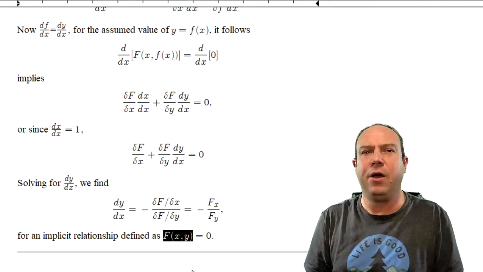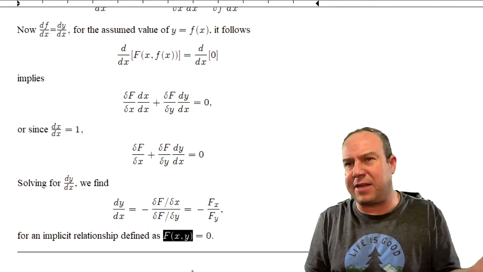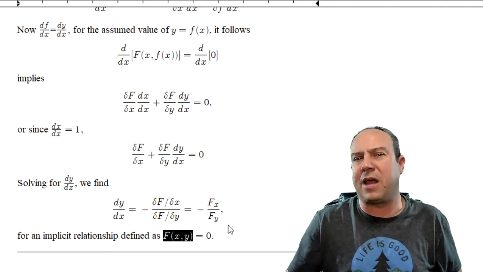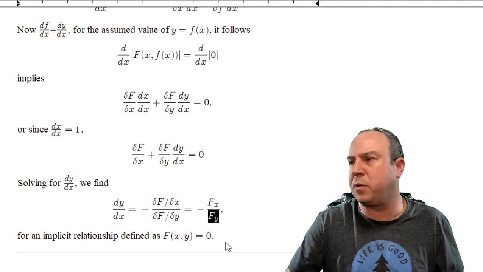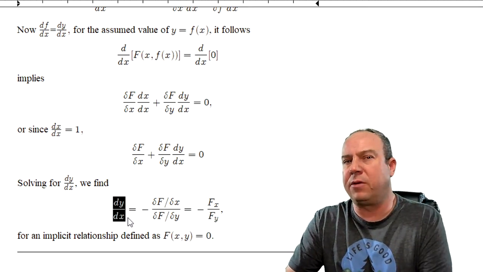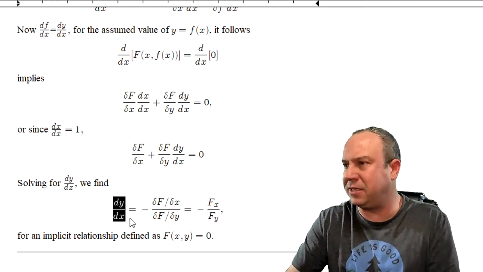Where I can find the partials of big F with respect to x, and I can find the partials of big F with respect to y. And when I take the opposite of big F's partial with respect to x over big F's partial with respect to y, I end up with the derivative of y with respect to x in that implicit relationship.